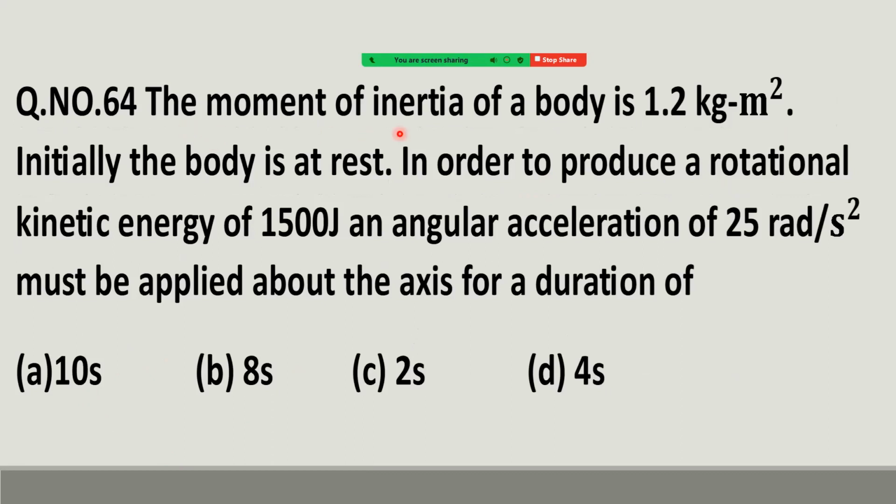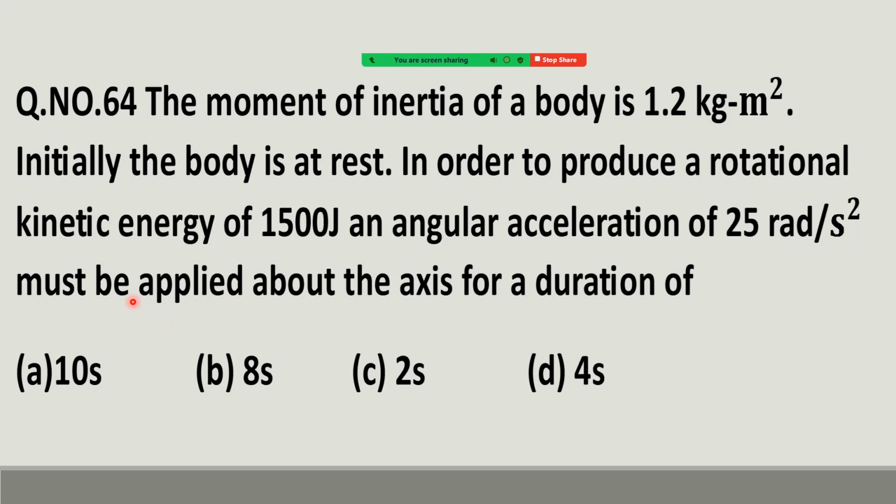The moment of inertia of a body is 1.2 kg meter square. Initially, the body is at rest. In order to produce a rotational kinetic energy of 1500 joule, an angular acceleration of 25 radian per second square must be applied about the axis for a duration of.